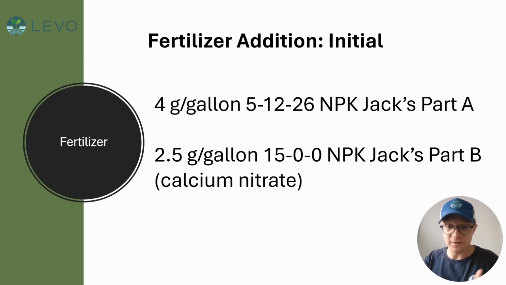In order to prevent this waste, we at Levo have developed an approach to use lower fertilizer additions repeatedly over time. So adding in smaller amounts, that way we don't get too much of anything during the plant production cycle.